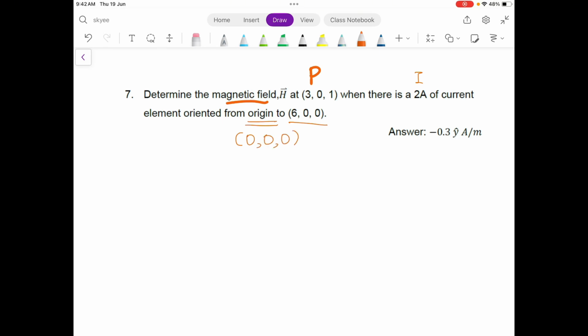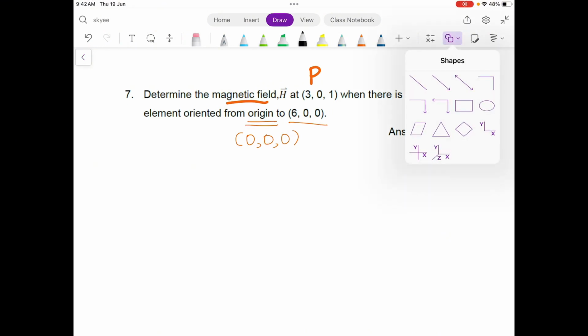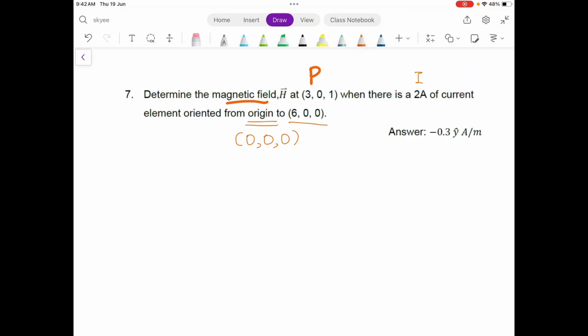So the first thing is we might want to have some drawing to illustrate our current elements.